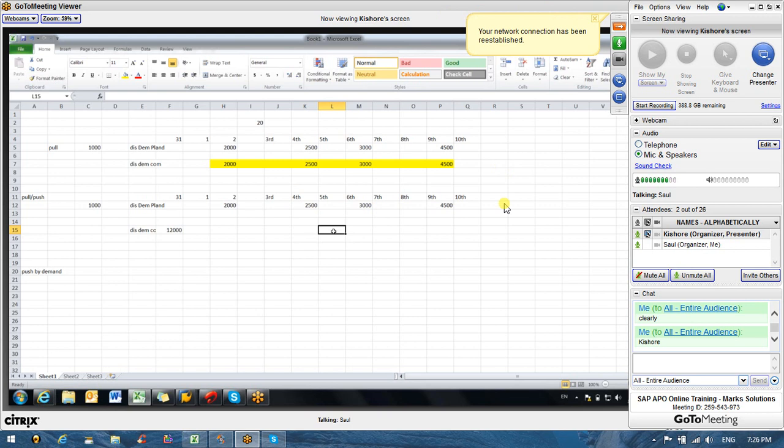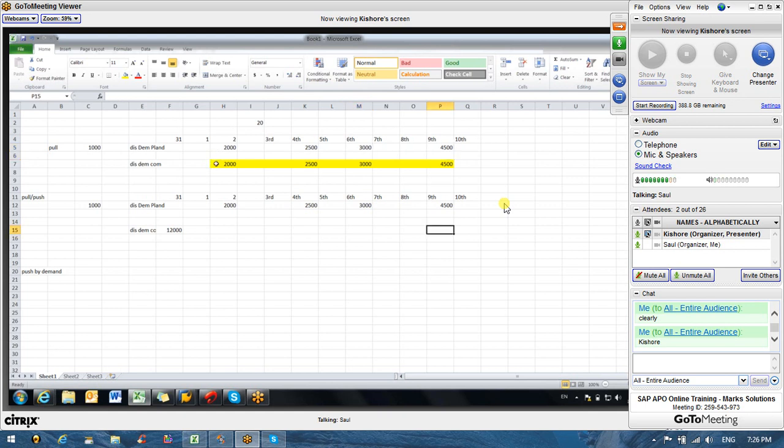In the first, I see we have a demand in the second period, this is 2000, and then a third period with 0, 4 with 25, 6 with 30, and then the last period with 45.